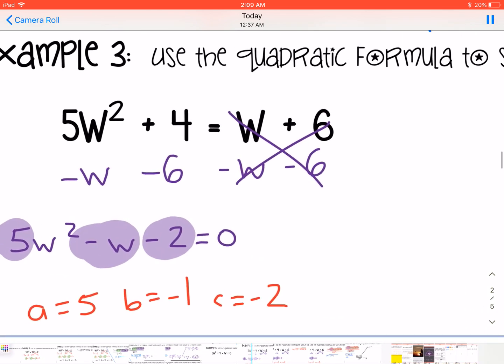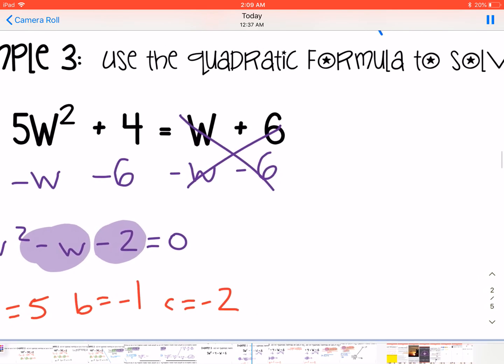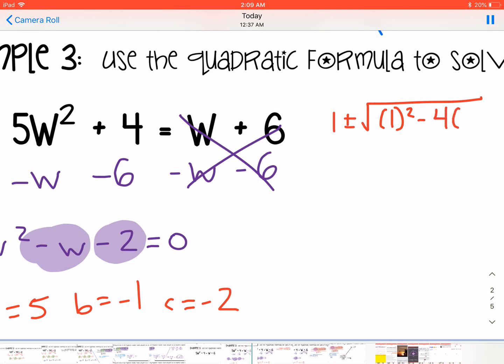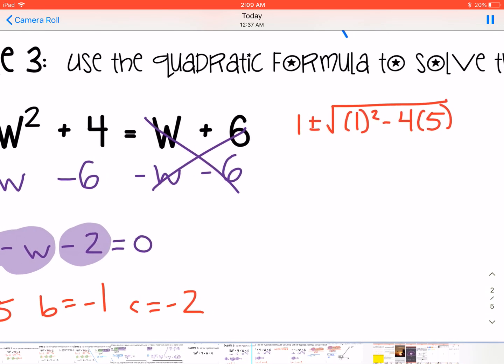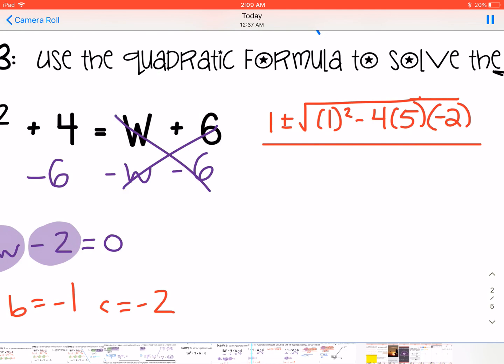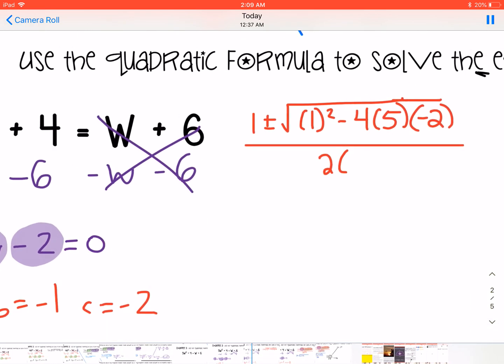Quadratic formula says opposite of b, so if b is -1, I'd have positive 1, plus or minus the square root of b squared minus 4 times my a, which is 5, times my c, which is -2, all over 2 times my a. My a, once again, is 5.